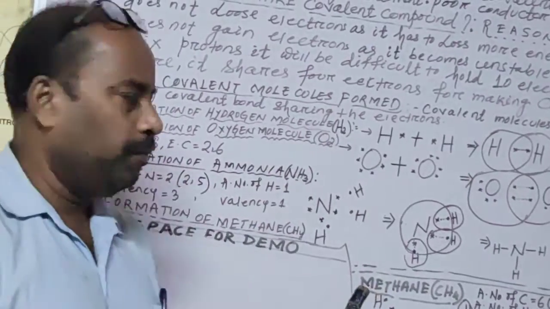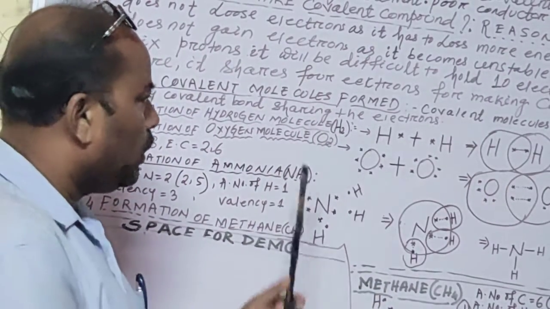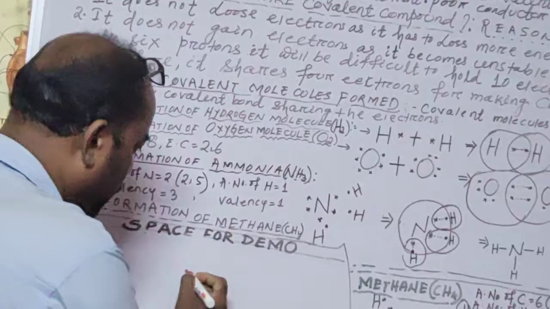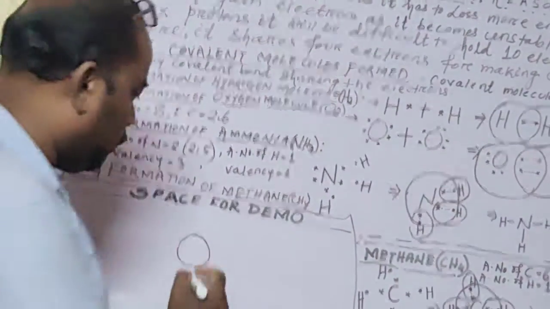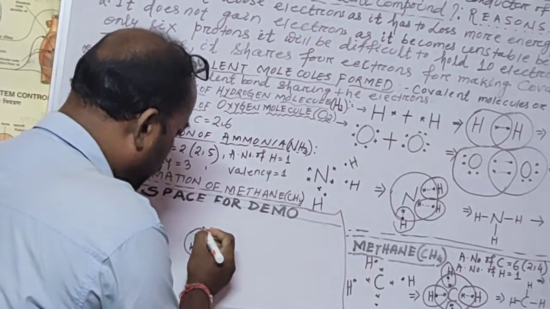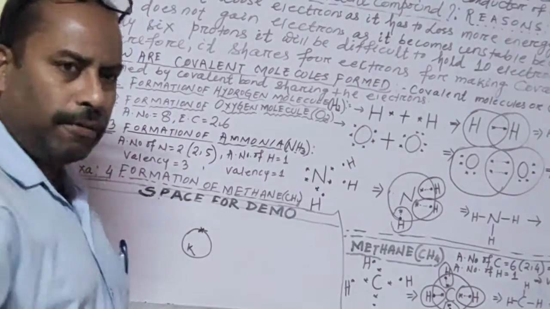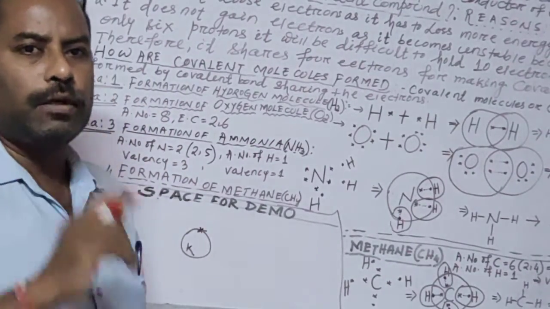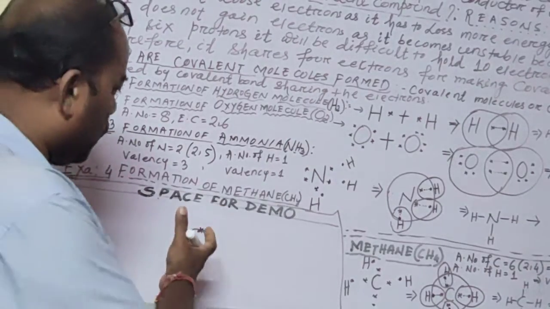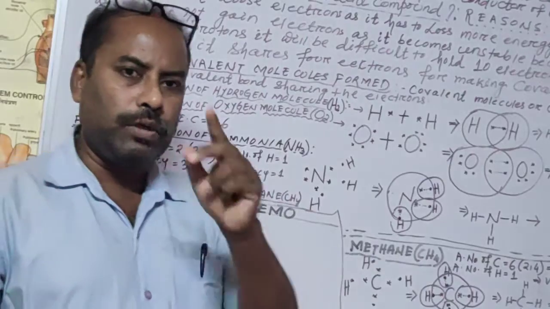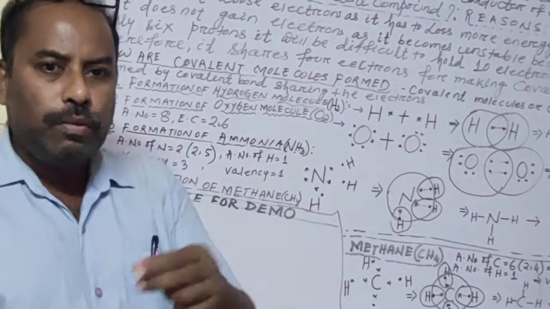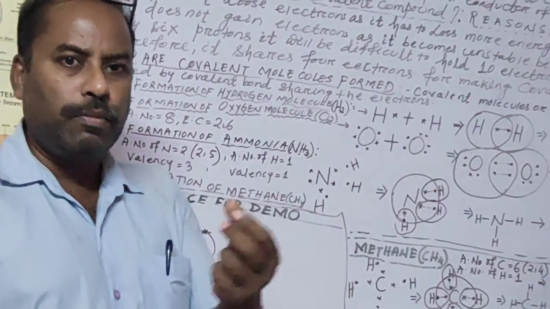So here, hydrogen has only one orbit, the K orbit. In the K orbit only one electron is there, but it should have 2 electrons to be stable, so it is unstable. As it remains unstable, it will be reactive and search for one more electron.